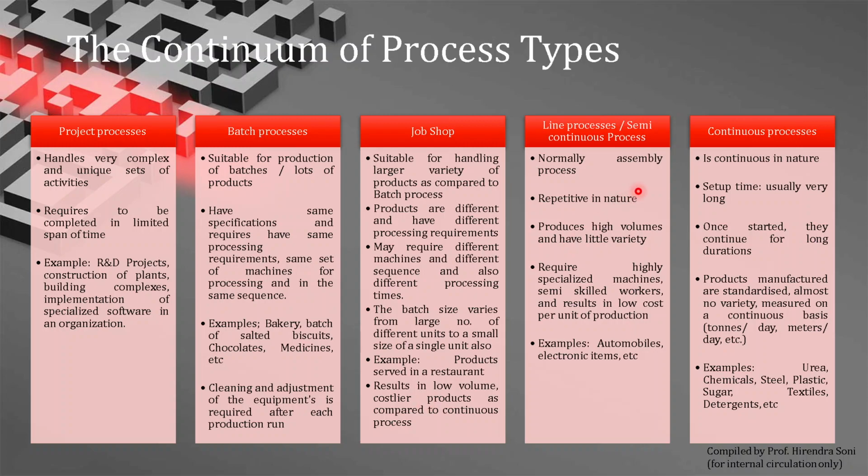In continuous process, you have semi-continuous also, which are termed as line processes. Normally assembly lines are covered under line processes. We don't call them completely continuous because when you are producing one set of products in a line, after that you switch over to another set of products or another model of the same product.